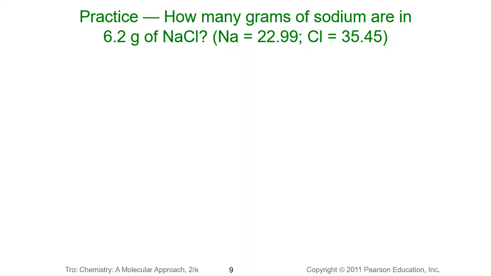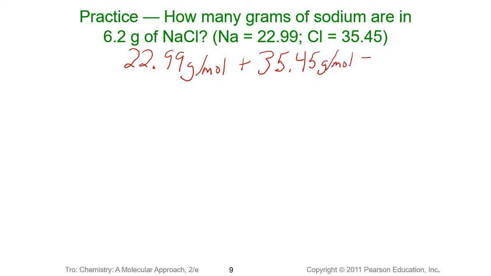Here's a practice for you. How many grams of sodium are in 6.2 grams of sodium chloride? Pause the video and calculate. We will need the molar mass of sodium chloride. So we'll have to add the mass of sodium plus the mass of chlorine, one of each.